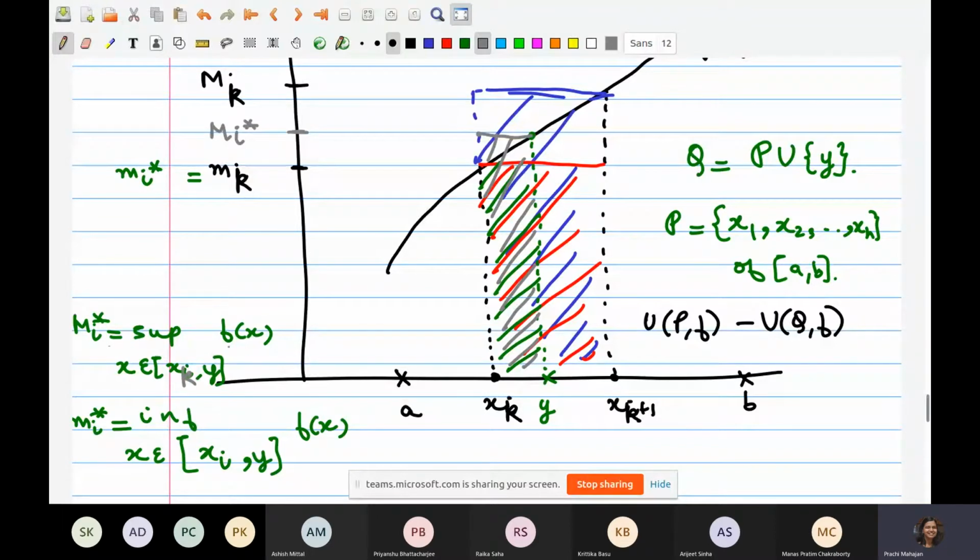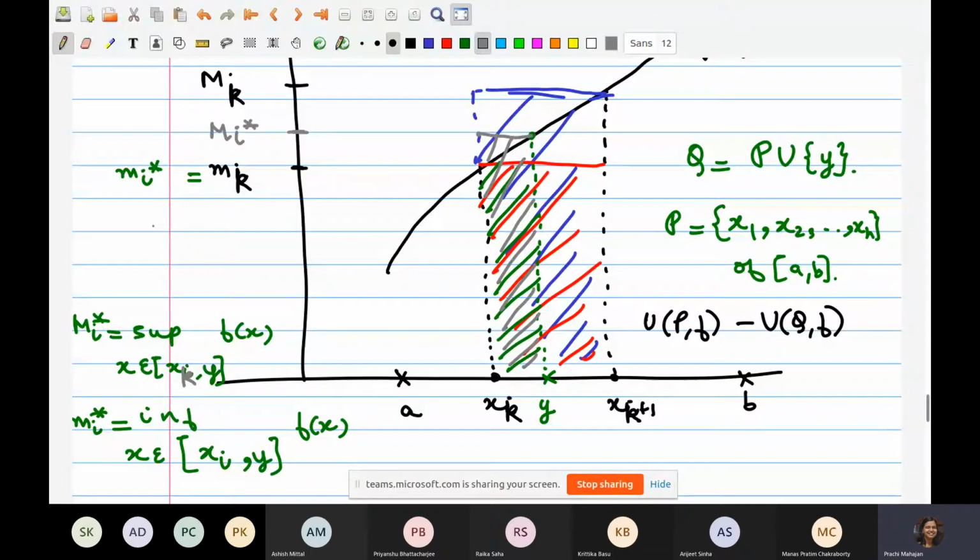So I will have the supremum of f restricted to the interval [xk, y] times the length of this subinterval, y minus xk, and one more term. I will look at x_{k+1} minus y times the supremum of f.